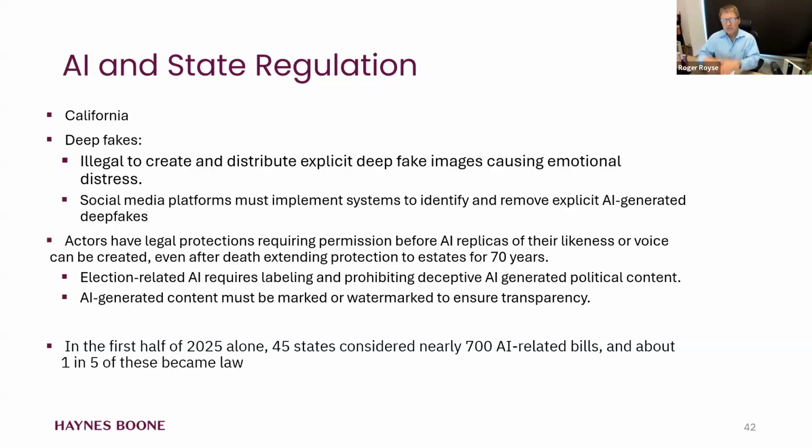In California, because we have a big movie industry, actors have legal protections that require permission before AI replicas of their likeness can be created. We have election-related AI laws. Election-related AI content has to be labeled, and there's a law prohibiting deceptive AI-generated political content. And finally, AI-generated content has to be marked or watermarked to ensure transparency.